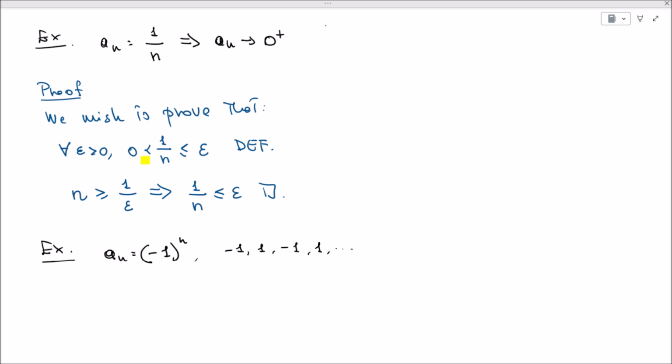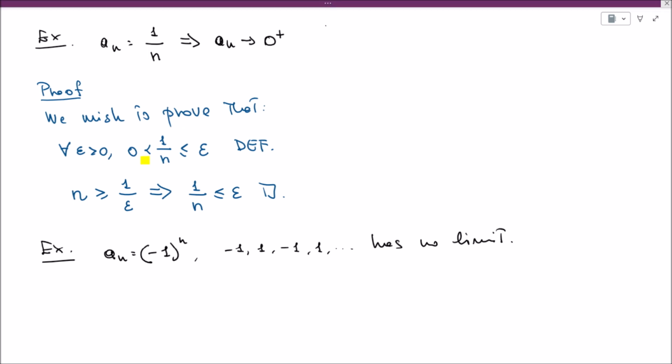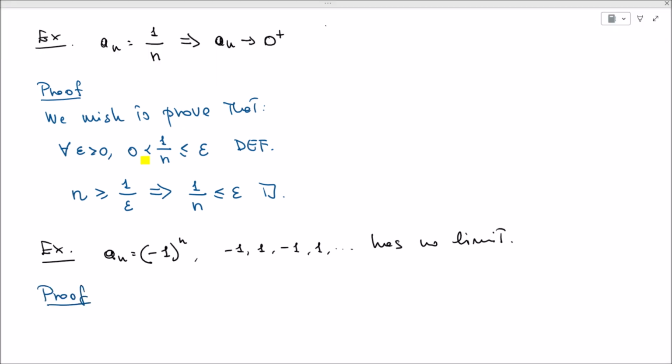So clearly this shows an oscillating behavior. This cannot have any limit, but let's prove this. So we want to say that this has no limit. We need to prove this, and we will prove this by just proving that it cannot be any behavior like 1, 2, or 3.